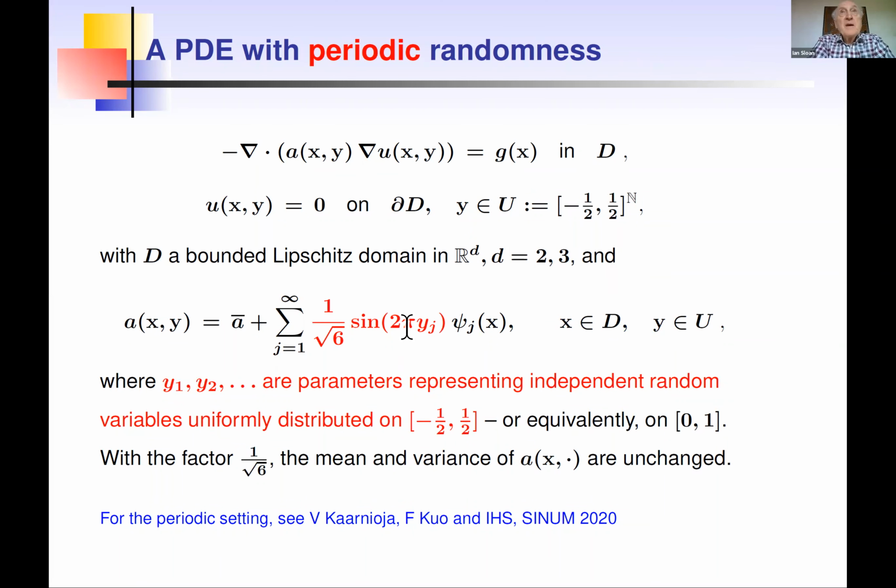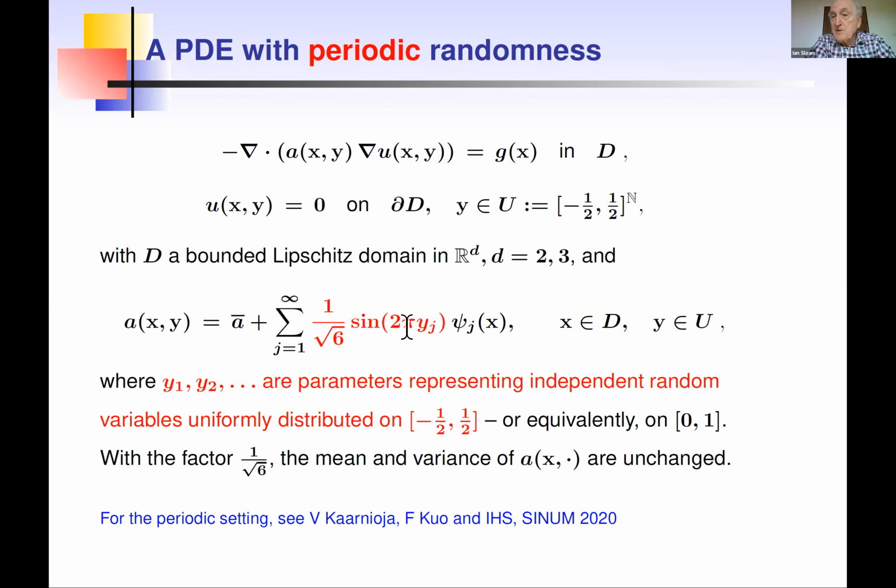The field is not Gaussian, because our y_j's are just uniform, but as a random field the mean and variance are exactly the same. Higher moments are a little bit different, but hardly at all. And we don't know any reason to think that the other model is any better than this one.